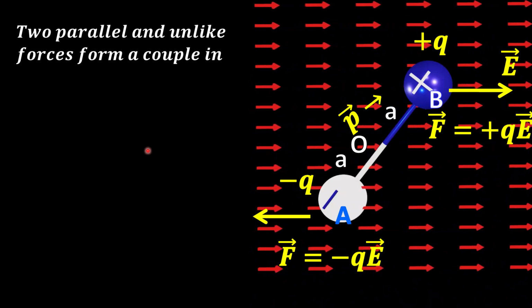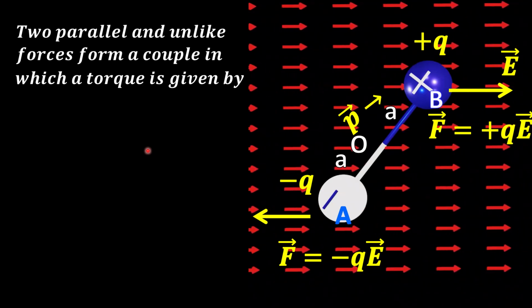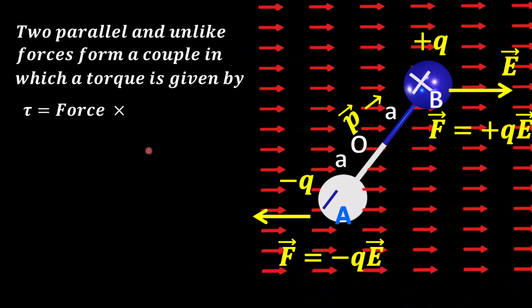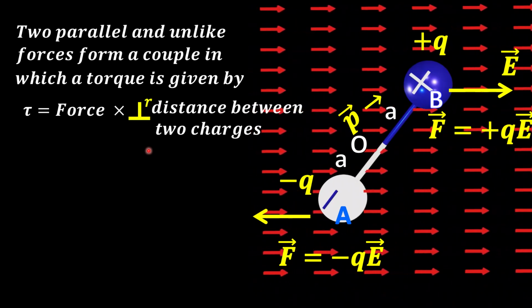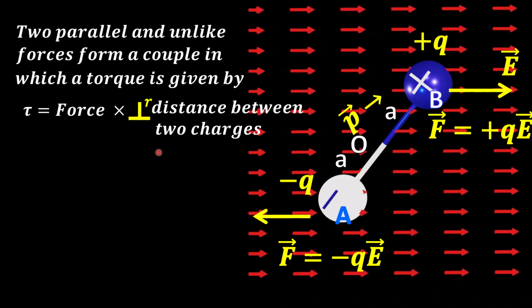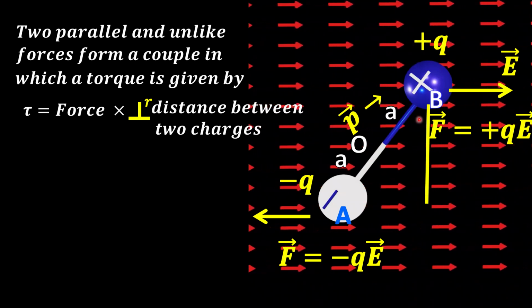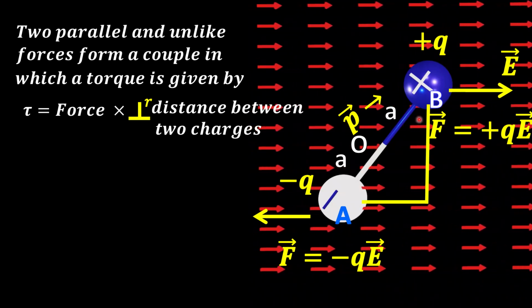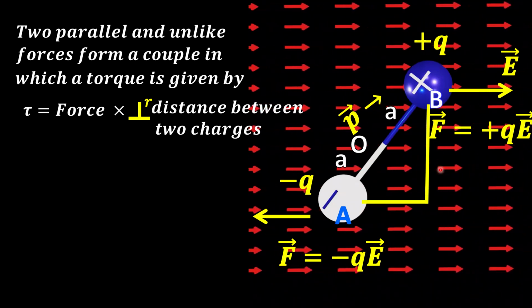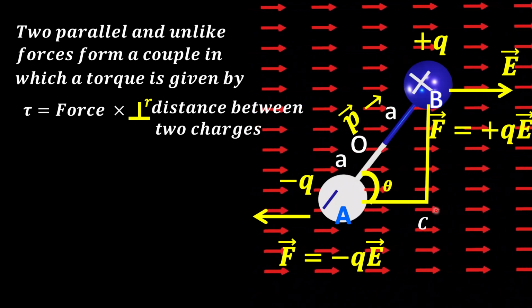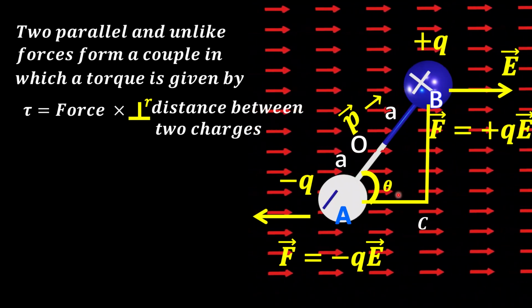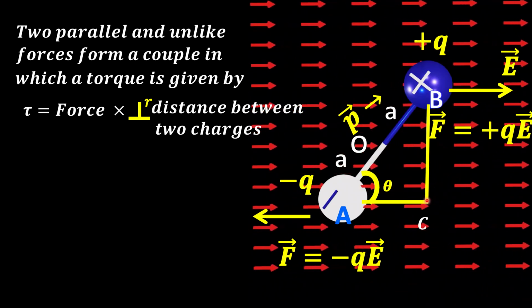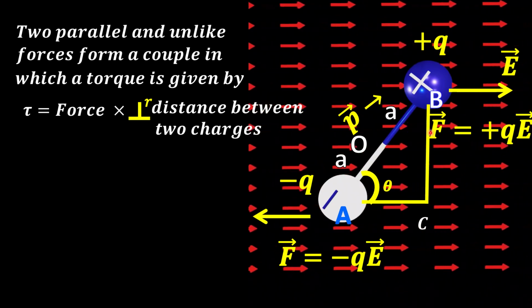So in this case, a couple is produced. So the torque is produced. Torque can be found out by force into perpendicular distance between the two charges. So we draw the perpendicular distance from positive and negative charges. The intersecting point is C. This angle is theta. We have to find out this BC value, that is the perpendicular distance.